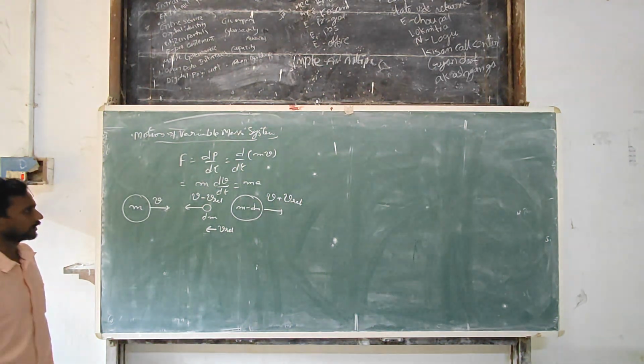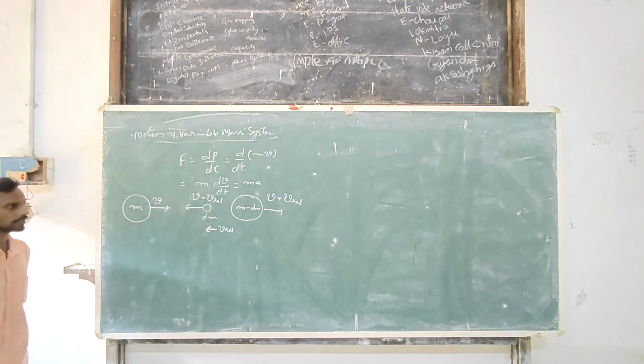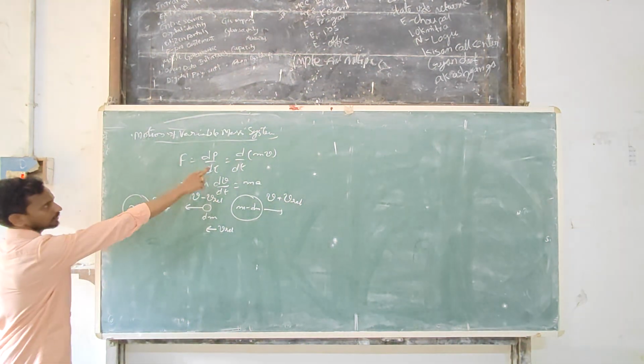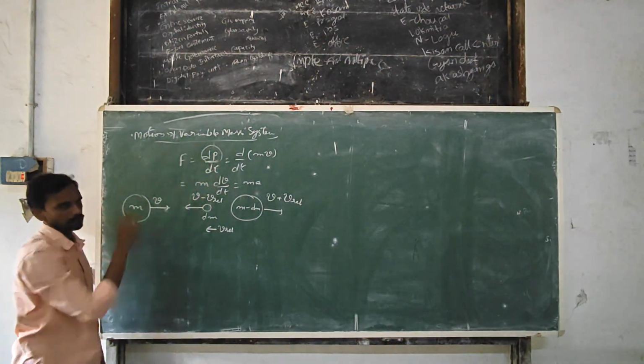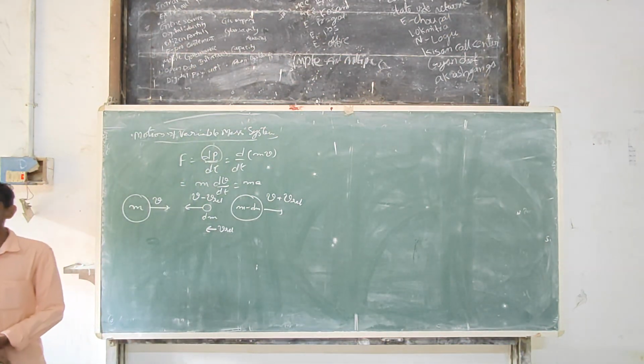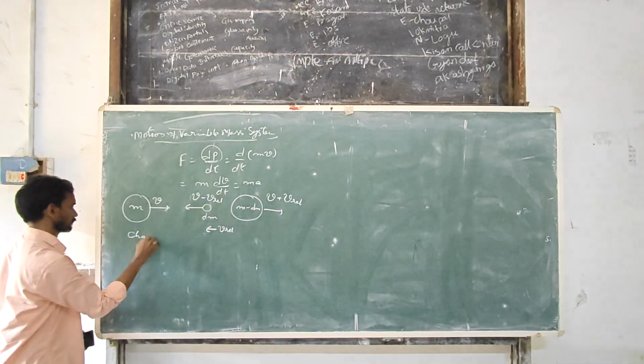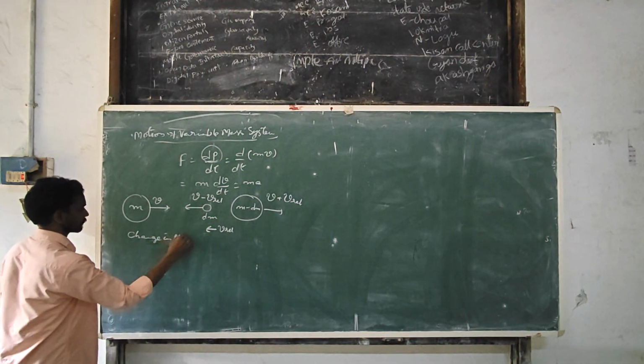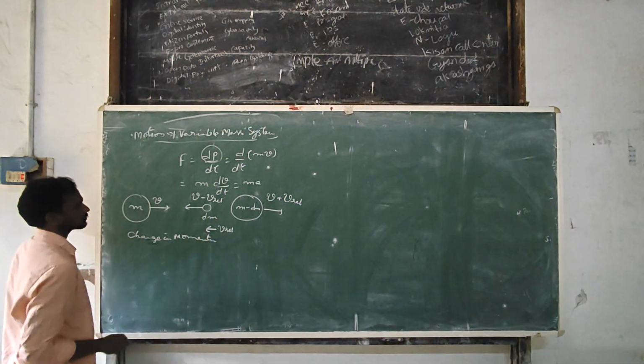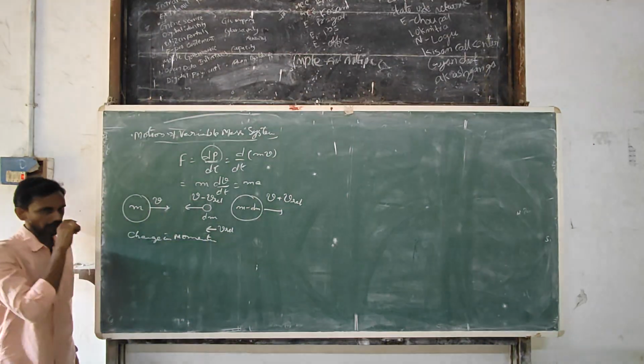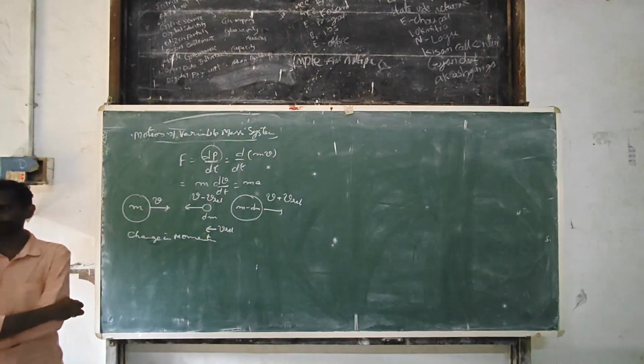So now we are going to apply Newton's laws of motion, or change in momentum, because we are trying to find out this change in momentum. We are considering the whole thing, rocket plus fuel, as a single entity.